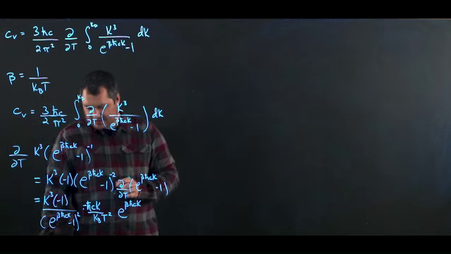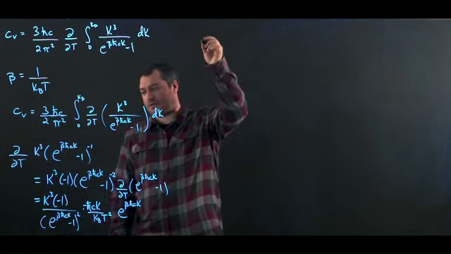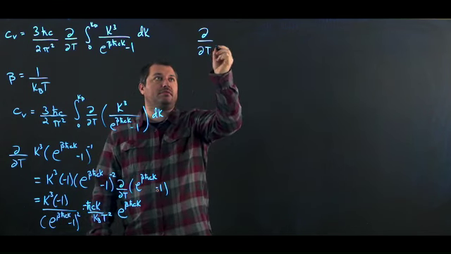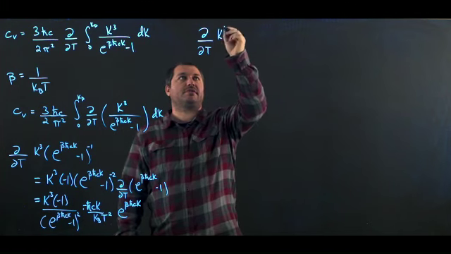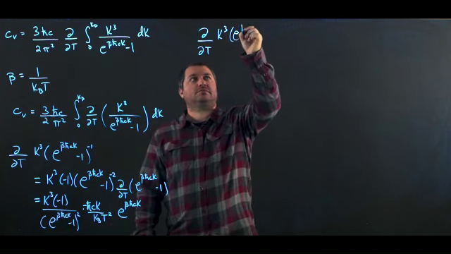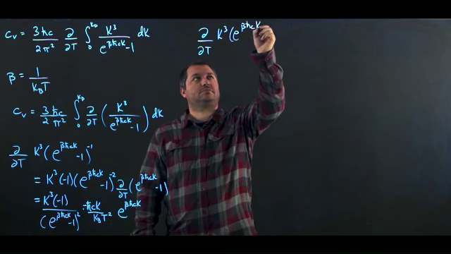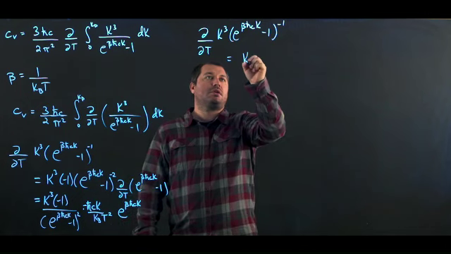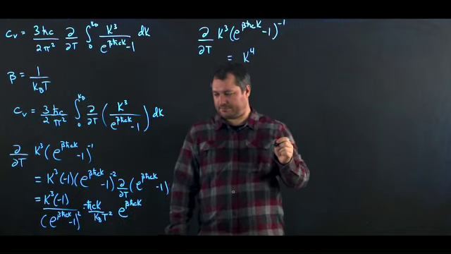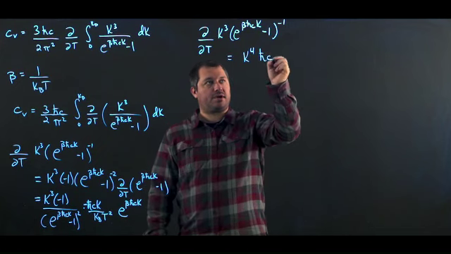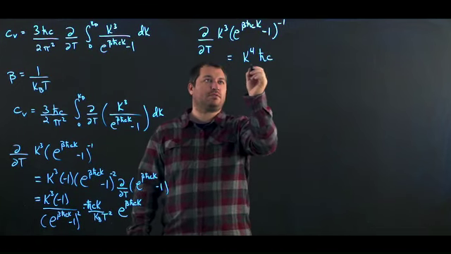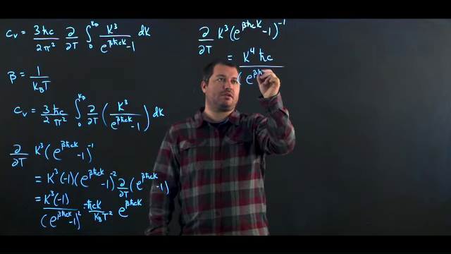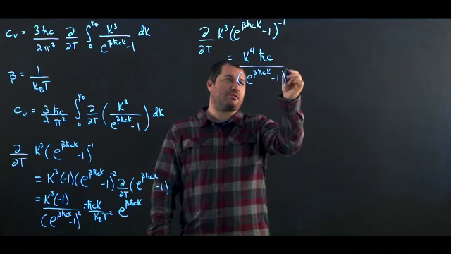So simplifying all this up, my derivative is going to be equal to k to the 4 h bar c. I'm going to have on the bottom e to the beta h bar ck minus 1 all squared.